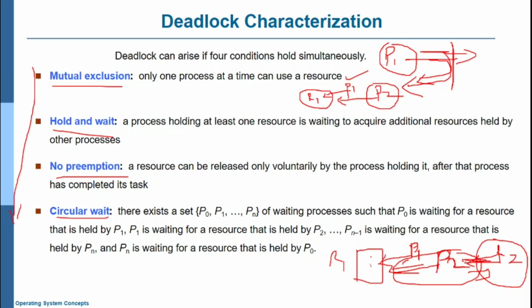R2 is already held by P2. So why is it holding? Because if it releases R2, then some other process may hold this R2. Once P1 completes its task, it releases R1, and P2 can hold it.